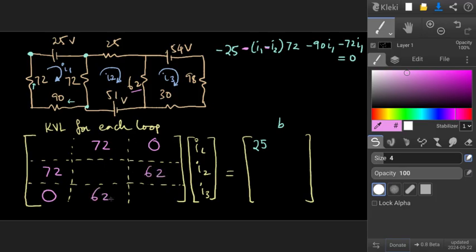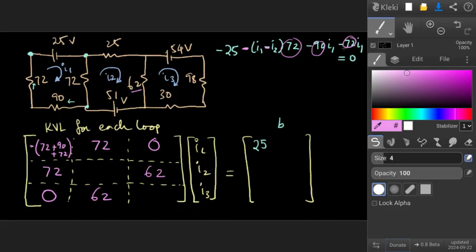So, like this. And what are all the resistances touched by loop 1? That will be here. So, minus of 72 plus 90 plus one more 72. Here you can see this 72 is there, this 90 is there, this 72 is there.